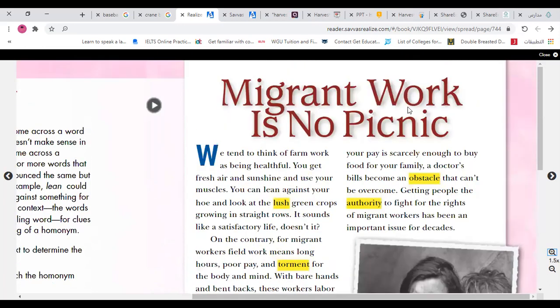So here we are talking about migrant work is no picnic. Yes, Miss, muhajirin means that they travel and they will not come back to their country. Yes, they left their country and went to another country. Some of the people come back to their country after several years.